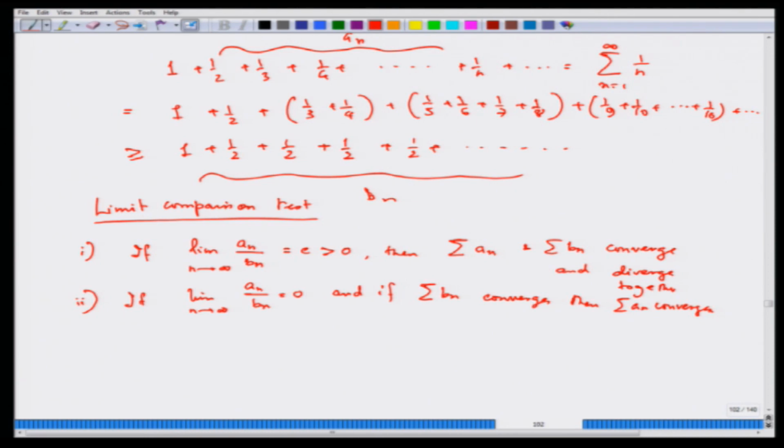Given a series, you can construct another series Bn and take the ratios An by Bn. Number 3, if limit of An by Bn as n tends to infinity is equal to plus infinity, and if summation Bn diverges, then summation An also diverges.